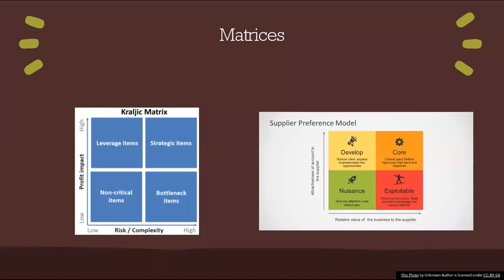Here, SIPs tend to focus on how to increase the value or the attractiveness of the buyer to the supplier. If you read page 4 in the book, you may see that they have some suggestions for increasing the value or the attractiveness of the buyer to the supplier.